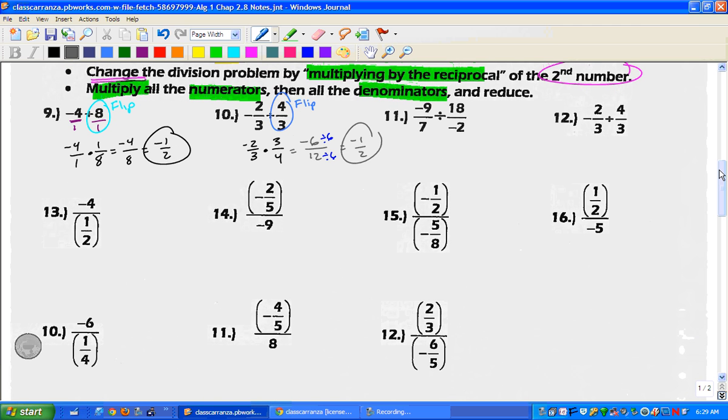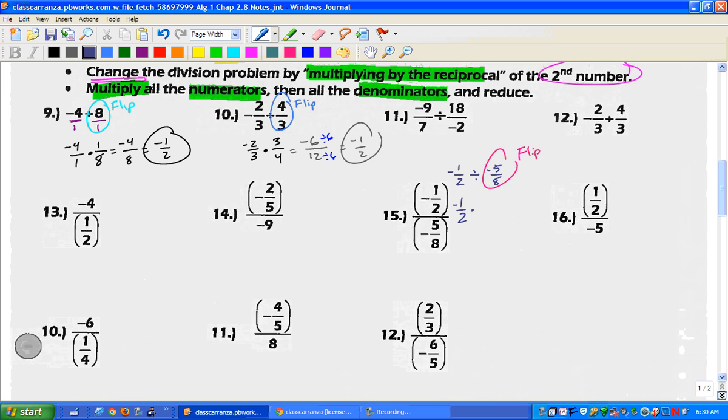All right, let's look at 15, because 15 looks a little bit different. Now, what we're going to do for 15 is we're going to rewrite it horizontally so we can see what it looks like. Okay, now we can see what we need to flip.